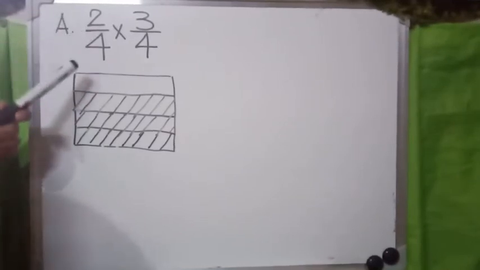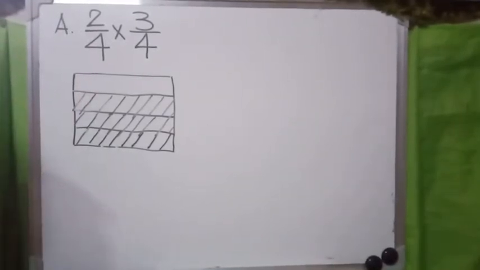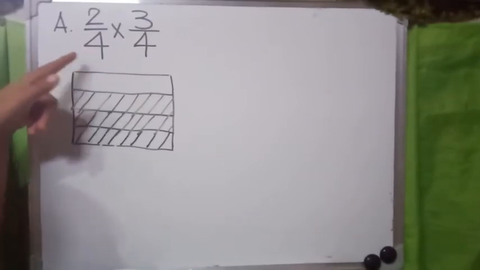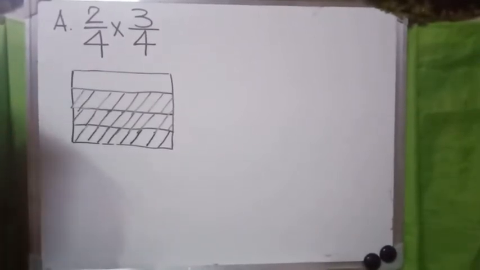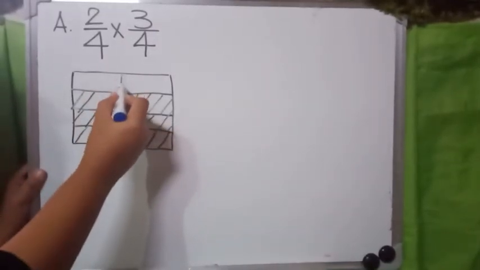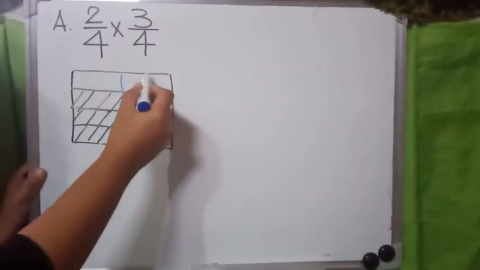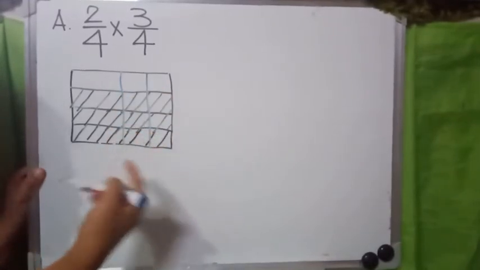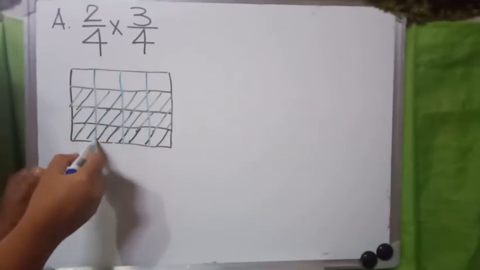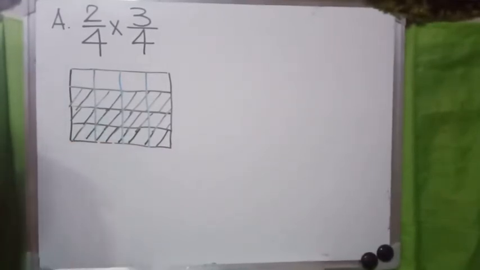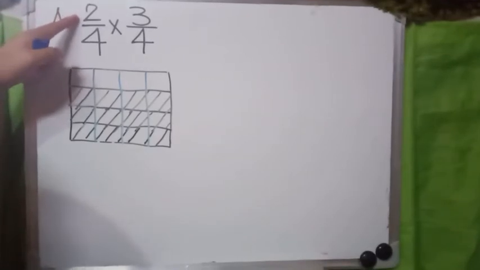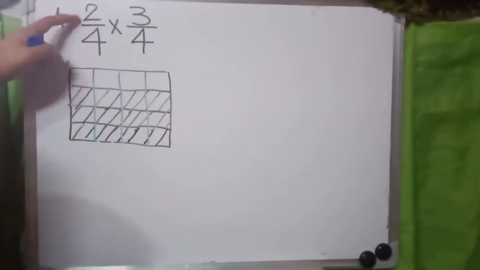Okay, 2/4. We need to cut it into 4 strips. We'll cut it here in a vertical line. Okay. How many shaded parts do we have in our first fraction? That is 2.